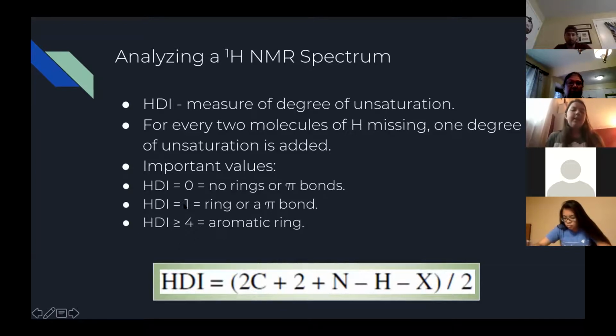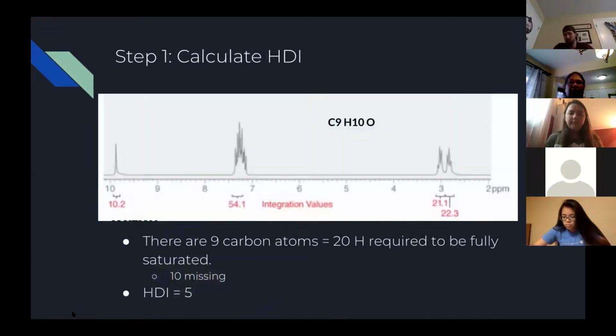This is helpful to see what is present in the molecule. You can calculate it using this formula, or there's another way you can do it. I think Adele went over that, so you may want to refer to that section in the PowerPoint.